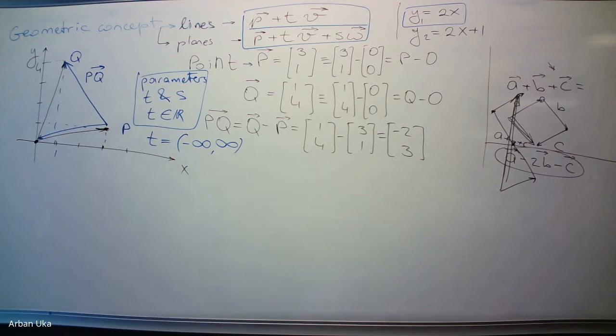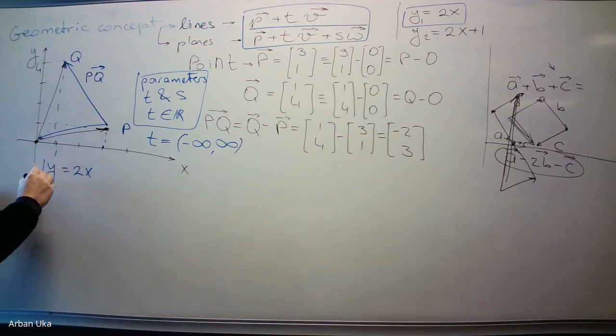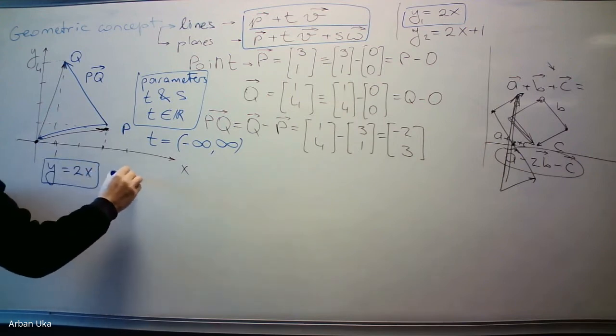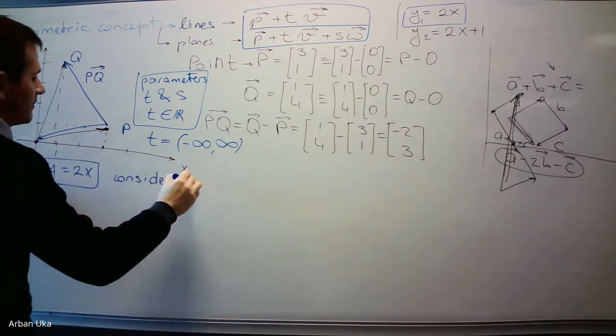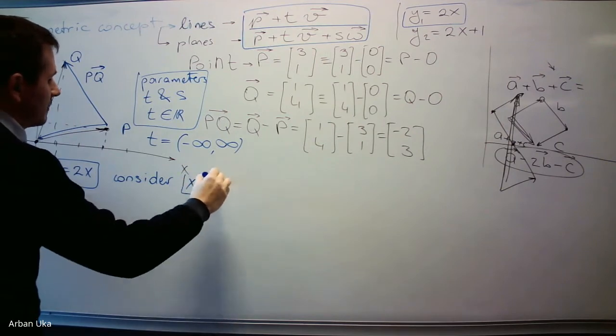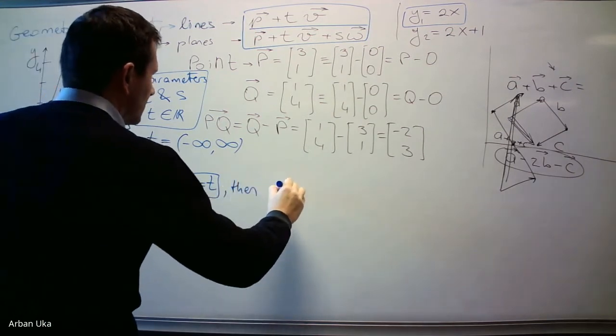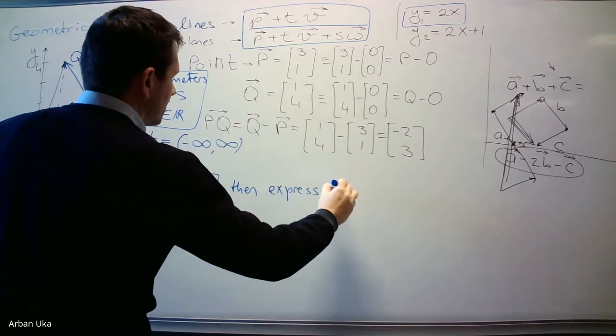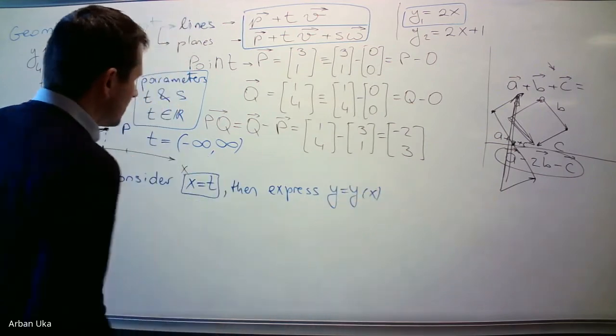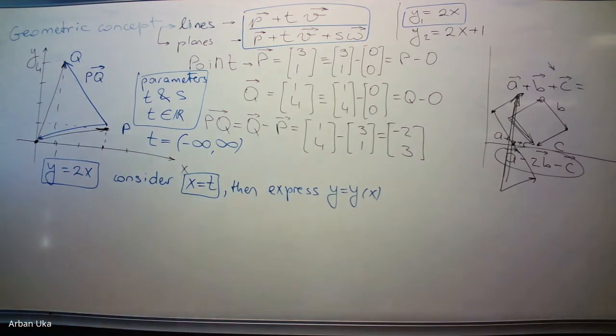Now, what we can do here is that we can consider one of the variables as a free variable, okay, because they will depend on each other. So we have two variables, but they are interrelated.